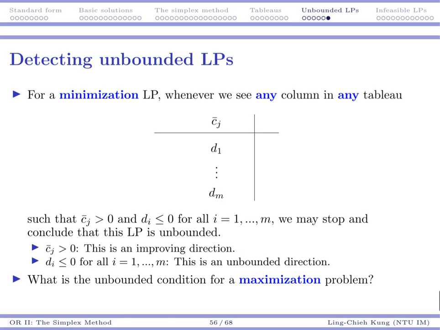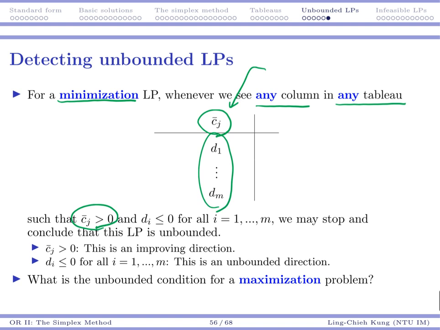So generally, if we are talking about detecting unboundedness, then we look at the reduced cost. Suppose we are talking about the minimization problem. Whenever we see any column in any tableau such that your reduced cost is positive, and all those denominator numbers are non-positive, then we know this LP is unbounded, okay?